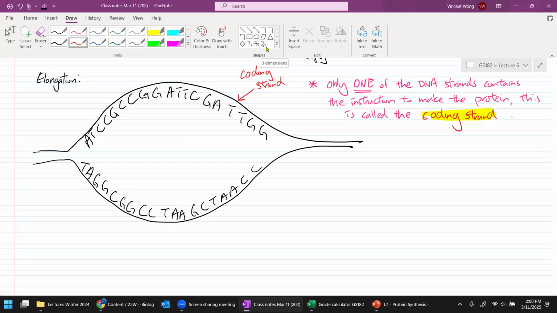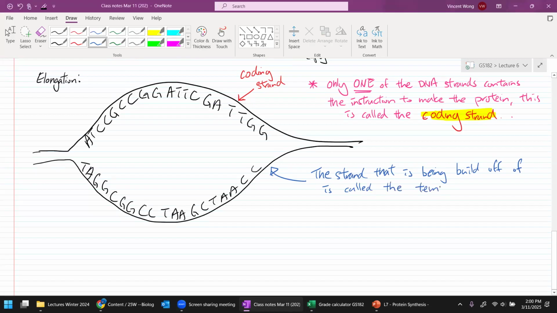Which is why, if you want to have a coding strand, you must use the other strand to build off of it. Okay. So this other strand, the strand that is being built off of is called the template strand.